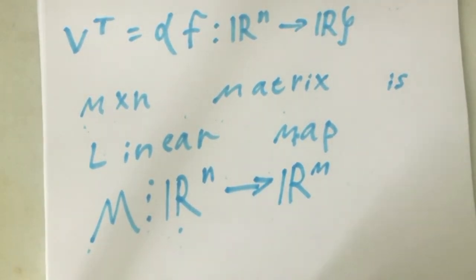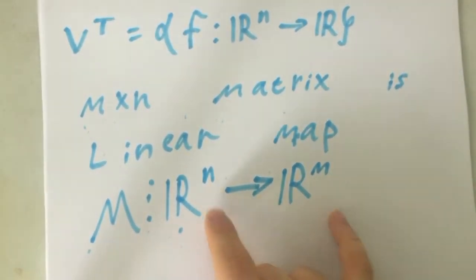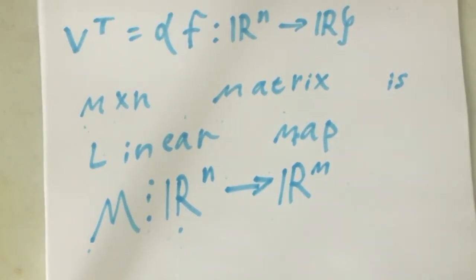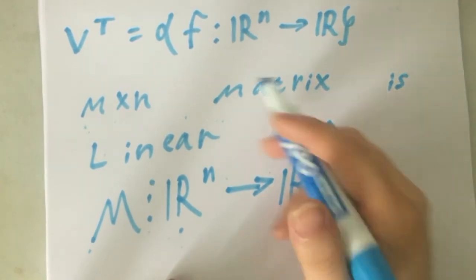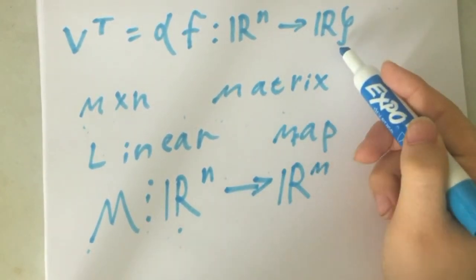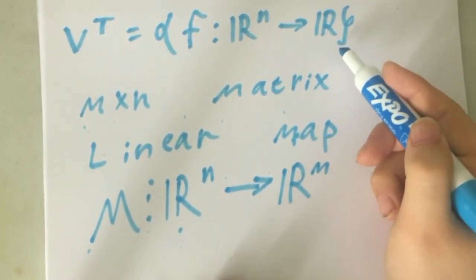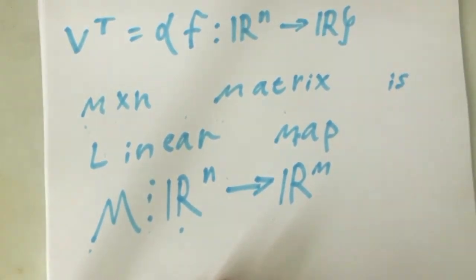Often n and m are the same. In this case, they're not. In our matrices, n is just n, and m is equal to 1. So that's from Rn to R, considering the fact that V is a real n-dimensional vector space.